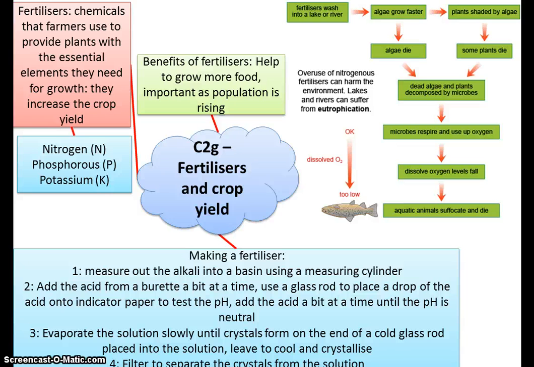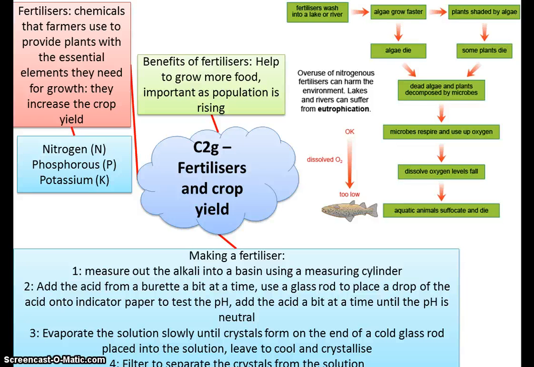You can only do that when you've got an indicator in there so you can see that it's neutral. So if you have a beaker or a conical flask, measure out a certain amount of alkali, let's just say 25 centimetres cubed, and put a few drops of indicator in there so that you can see that it's an alkali.